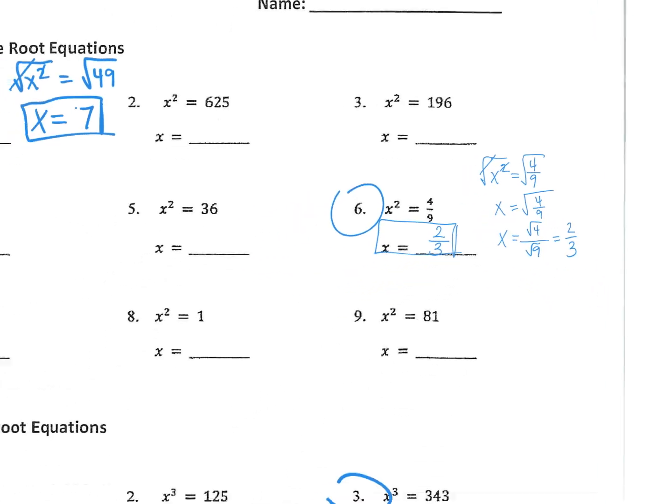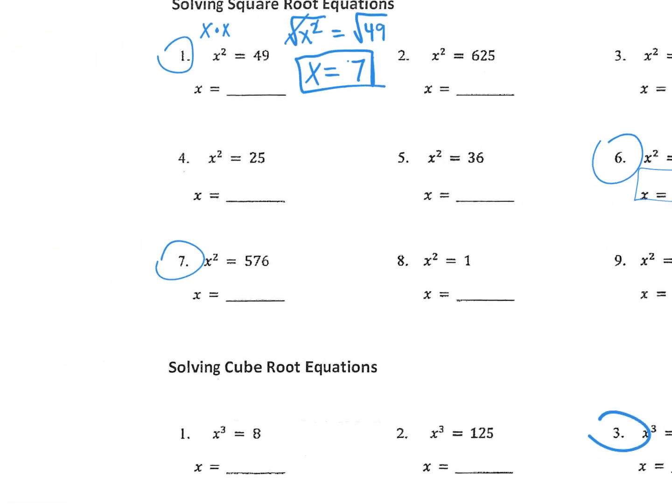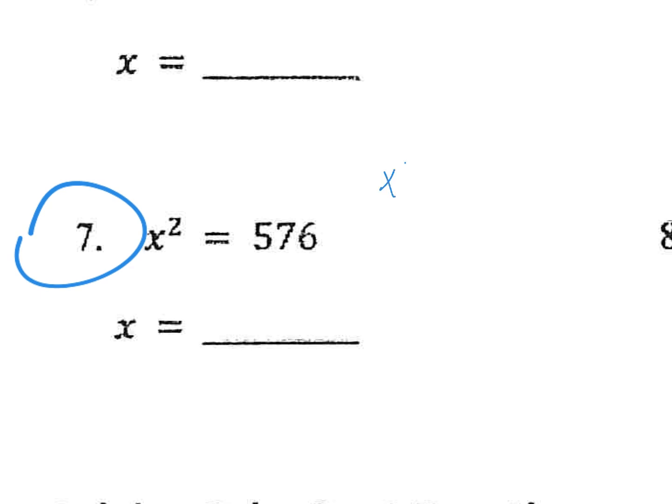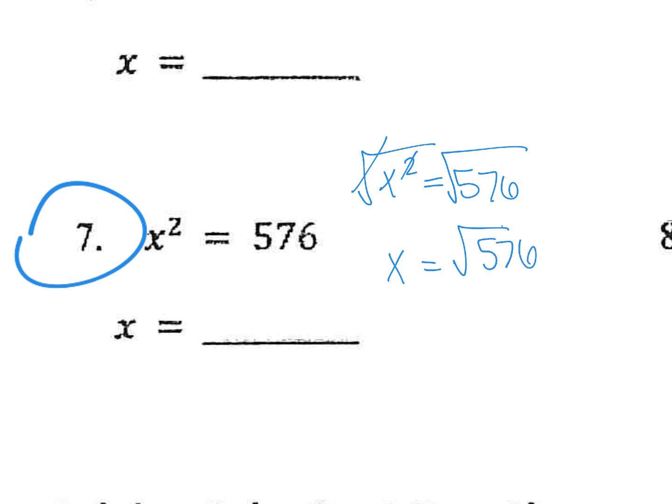All right, and the last one I'm going to do with you guys over here is 7: x squared equals 576. I take the root of both sides, and this cancels this out, leaving me with x equals the square root of 576, and the square root of 576 is 24.